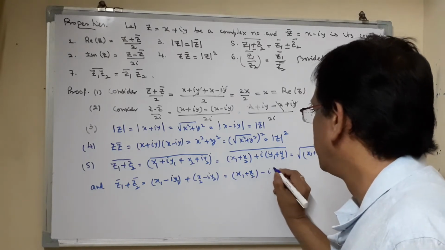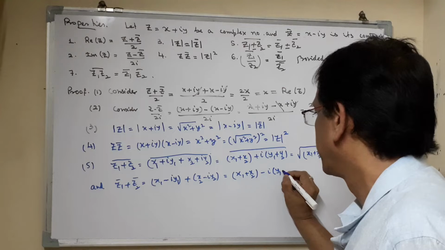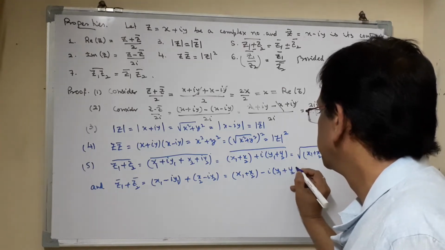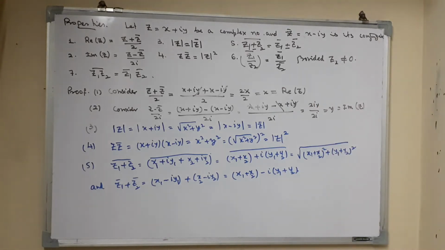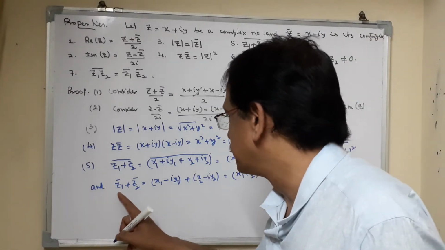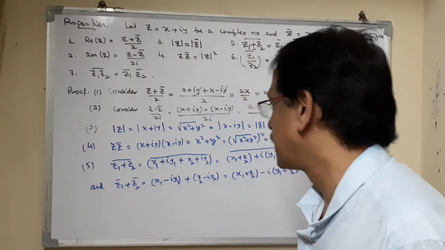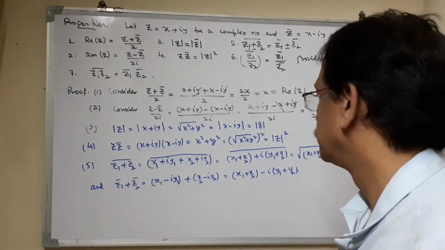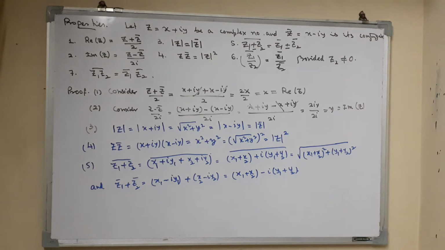If you take i common, y1 plus y2. Now, what I have to see is z1 bar is x1 minus iy1, z2 bar is x2 minus iy2, so x1 plus x2 minus i into y1 plus y2.